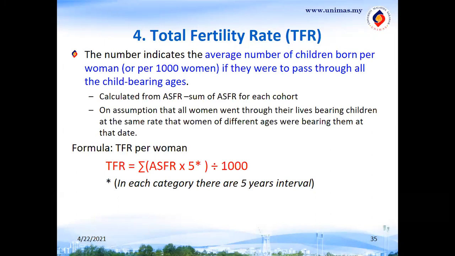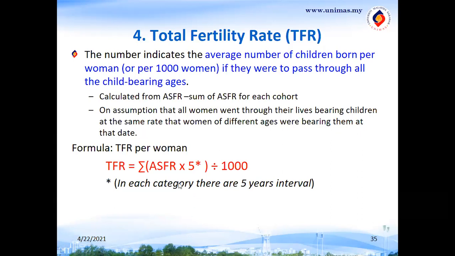Jadi what you do is you total up all those SFR. Tadi dalam SFR adalah remember there are 5 different ages dalam kohort tersebut. Contohnya daripada 20 hingga 24 tahun adalah 5 kumpulan umur di situ kan. And that's why you have to times by 5.